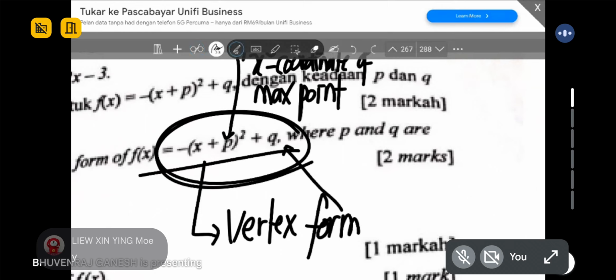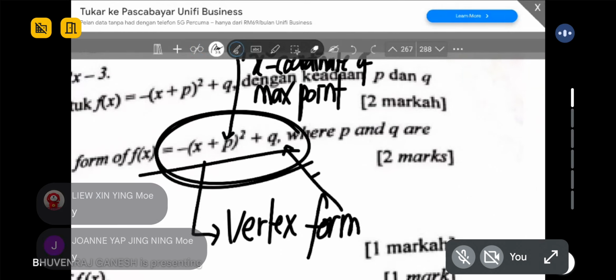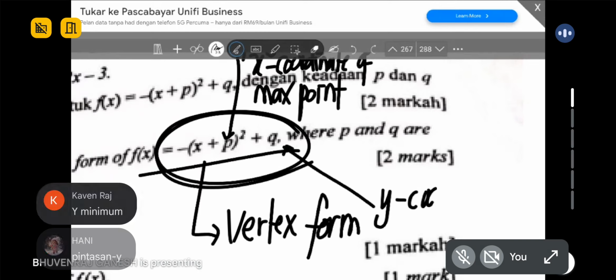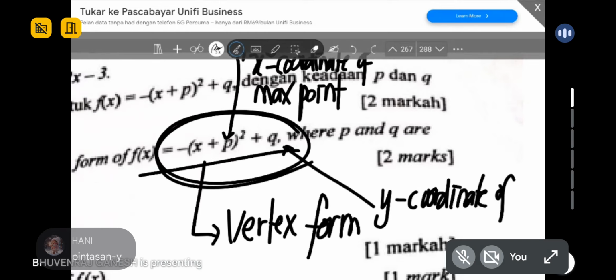Anyone? Q tu mewakili apa? What do you guys think? Vertex form. Yes. Okay, it represents actually the y coordinate of maximum point. Okay, so you guys must know what the equation means. Okay, kamu kena tahu maksud persamaan vertex tu.